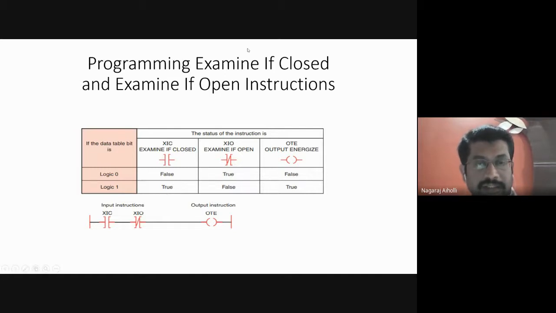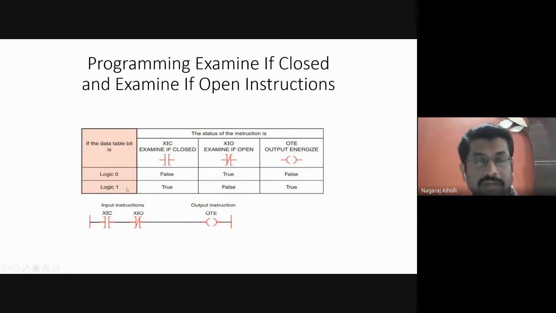Let us see this table. If the data table bit is logic 0, that is, if bit 0 is stored in the image file in the data table, XIC, examine if closed, is false. XIO, examine if open, is true, but not of true is false, so the output will be false.